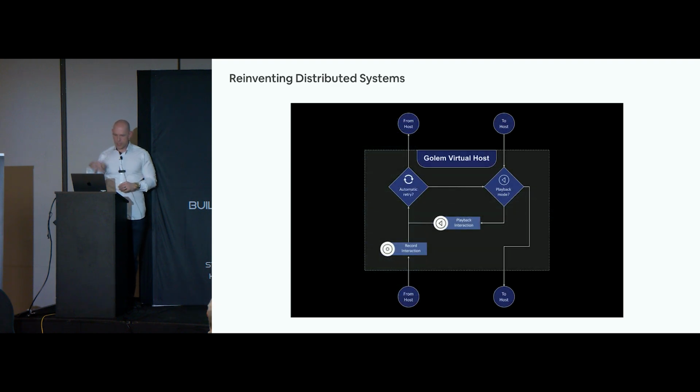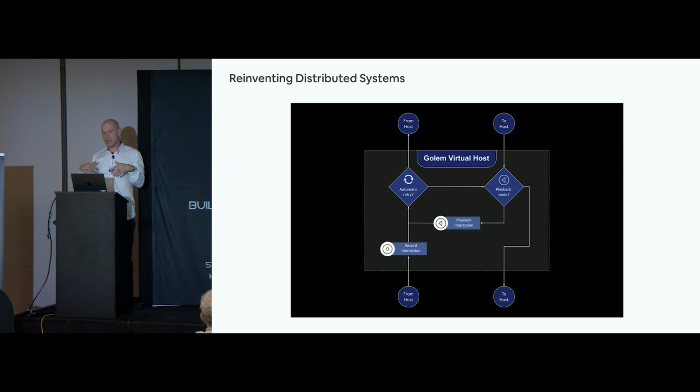What it does is, when it gets an incoming request, it will record that interaction. Actually, if it gets an incoming request and the Golem virtual host is not in this special mode called playback, which happens during recovery, then it will go to the real host. When it comes back from the real host, the result will be recorded, first in short-term persistence, and then eventually in long-term persistence.